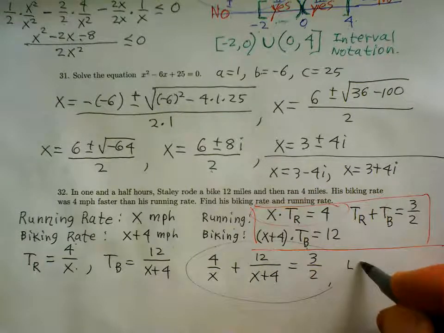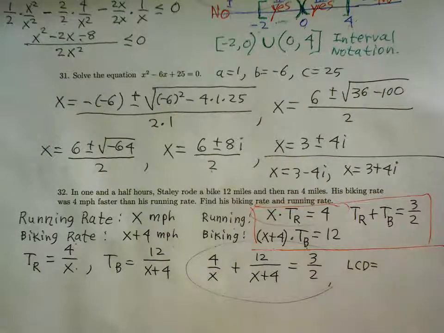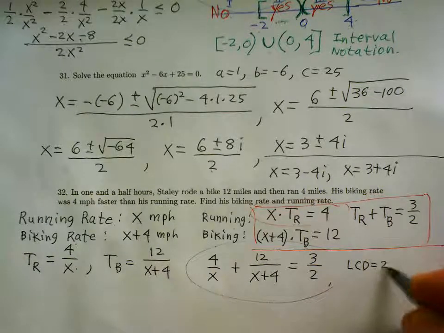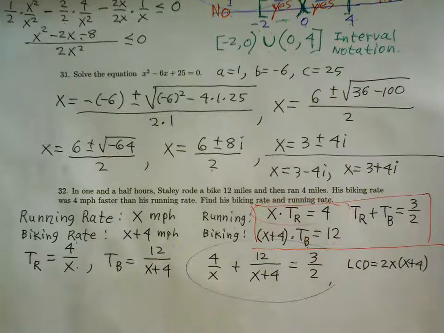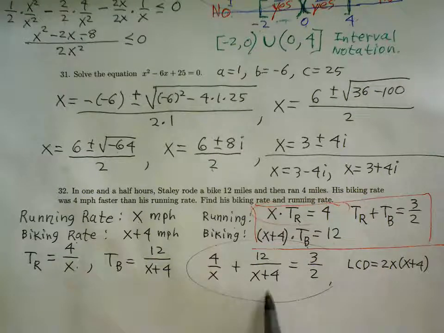So generally, we find the least common denominator. The least common denominator is 2 times x times the binomial x plus 4. And then we multiply every term on both sides of the equation by 2x times x plus 4.